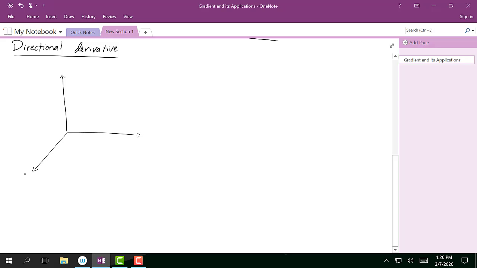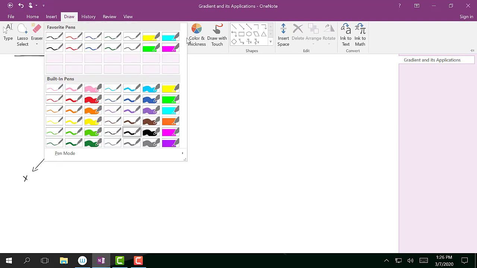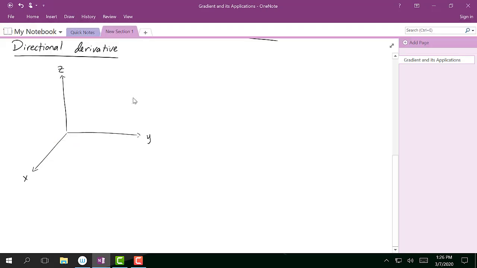So we're going to set up our system in R^3, so x, y, and z. And we're going to consider just some function, just to have something drawn. We're going to do something like this. So this is going to be the graph of some function, f of (x, y).